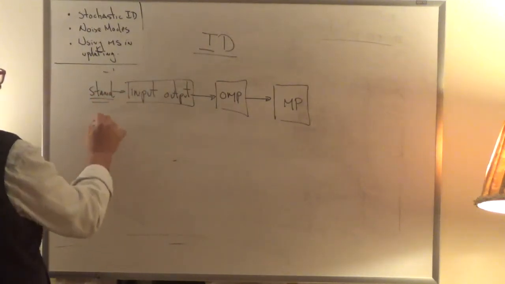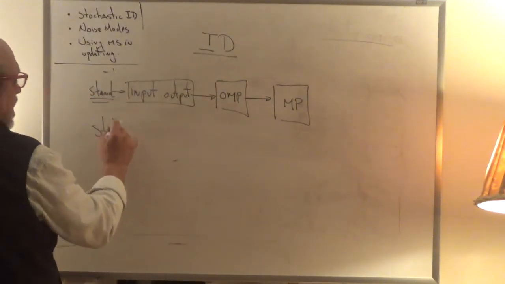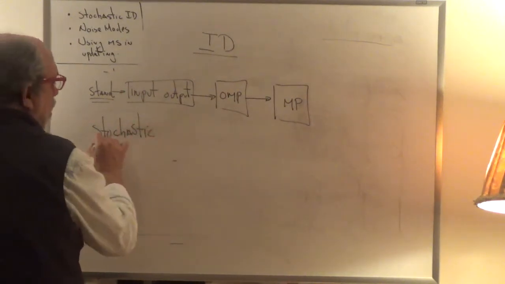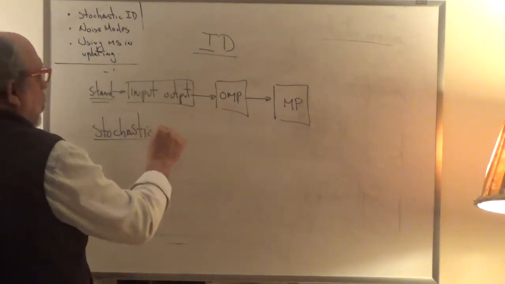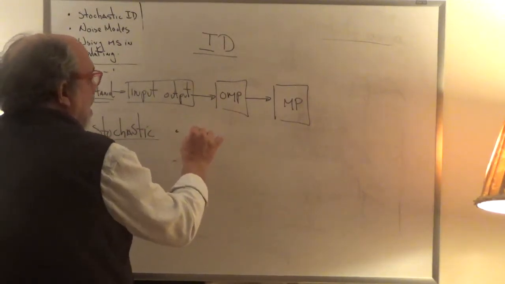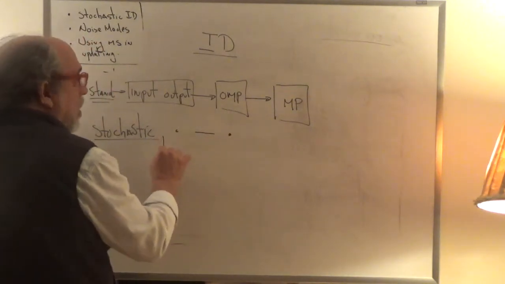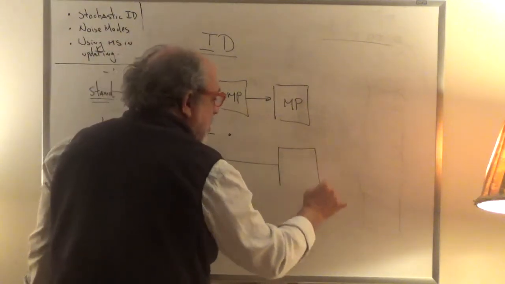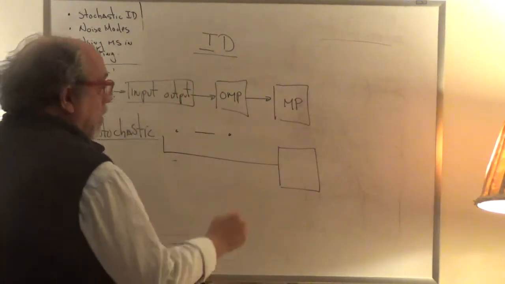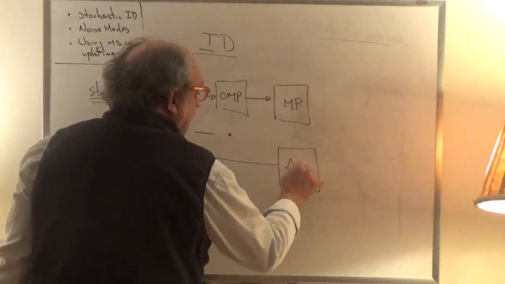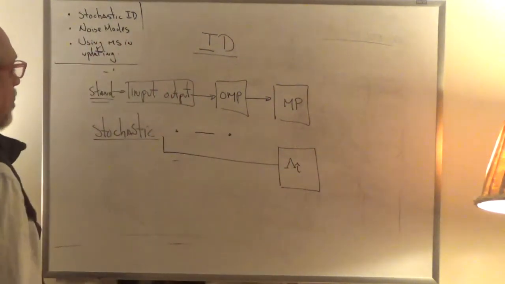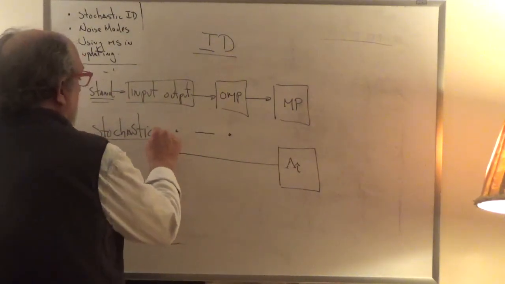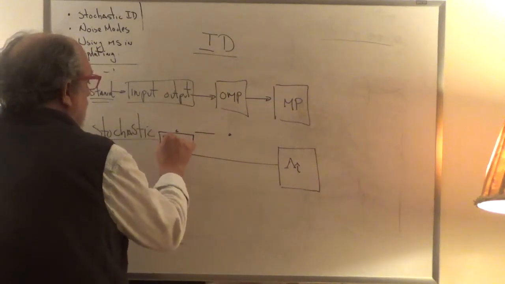Now, in the case of stochastic ID, which means with input unknown, we have nothing here, nothing here. We just go directly to here, and the Markov parameters are replaced by lambda i. So there is no input-output data, there is just output data.